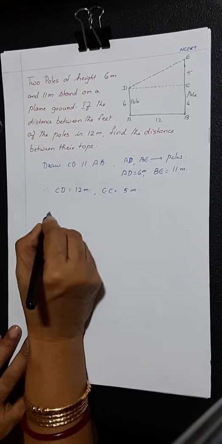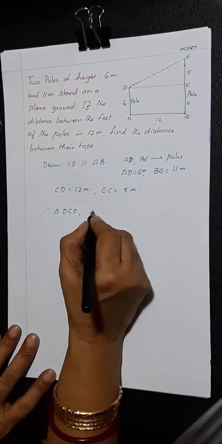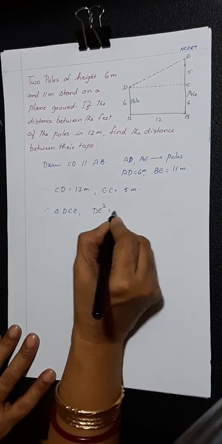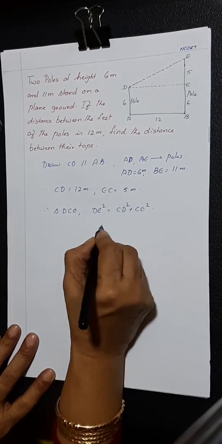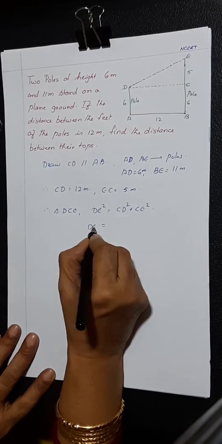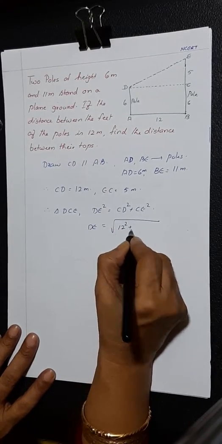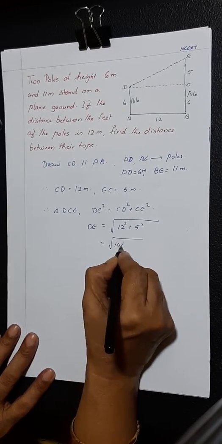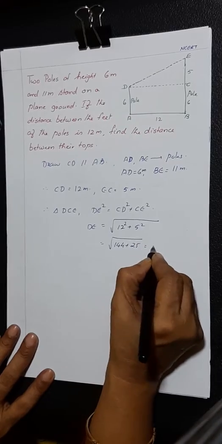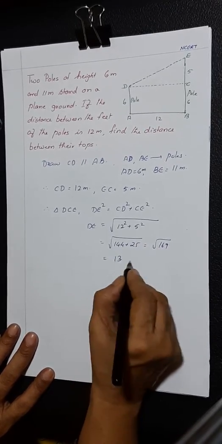So in triangle DCE, DE squared is equal to CD squared plus CE squared. So DE is equal to root of 12 squared plus 5 squared, which is 25.